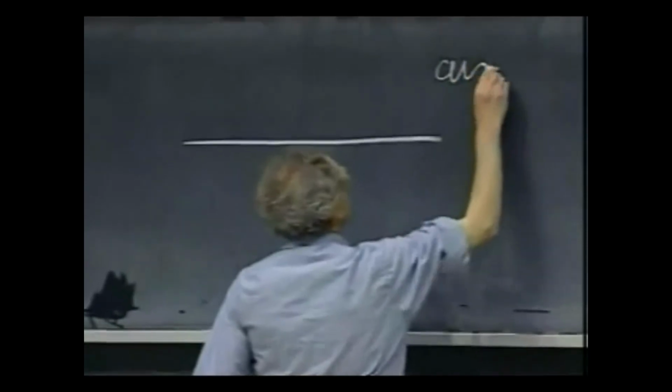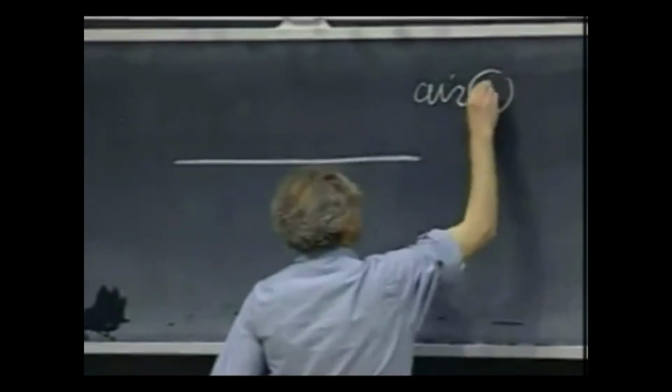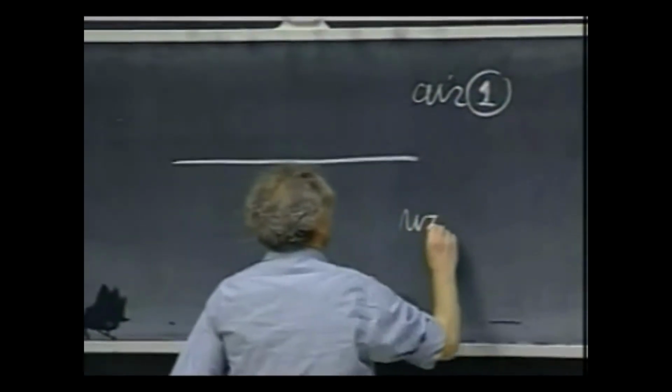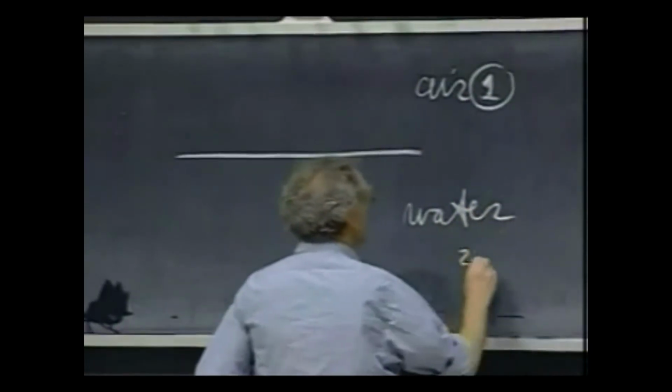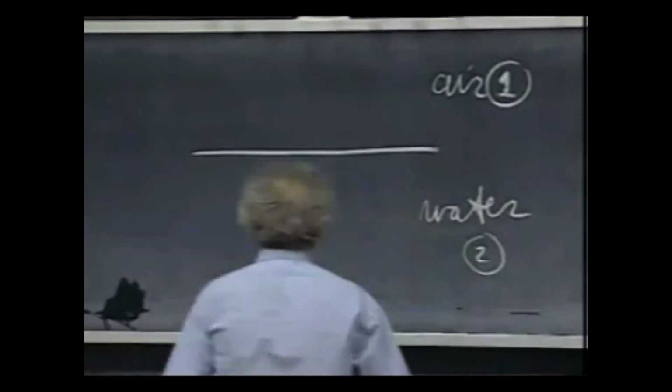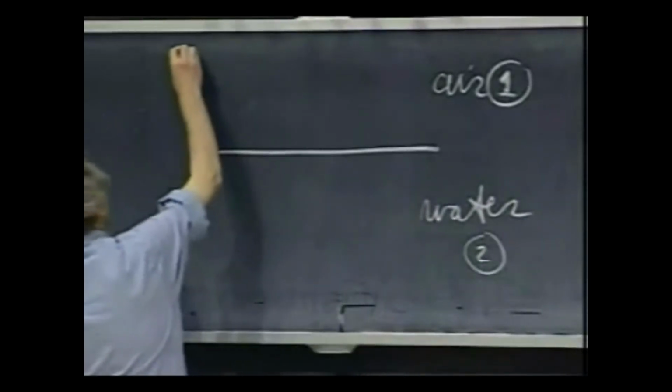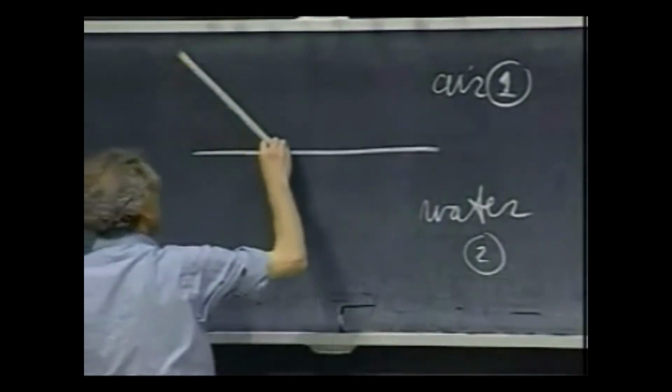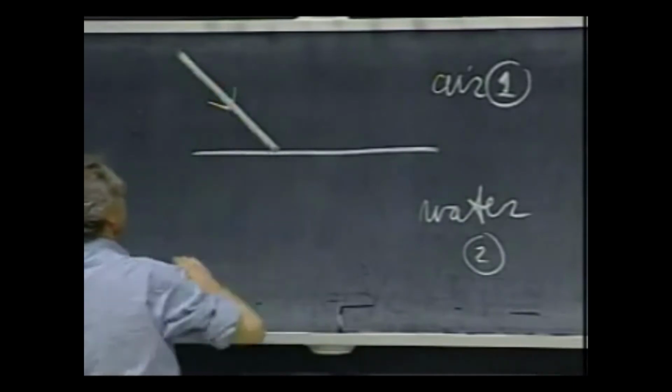And the kind of experiments that were done are as follows. Say this is air. I call that medium 1. And this is water. Call that medium 2. And I have a light beam that strikes this surface. Light comes in like so.